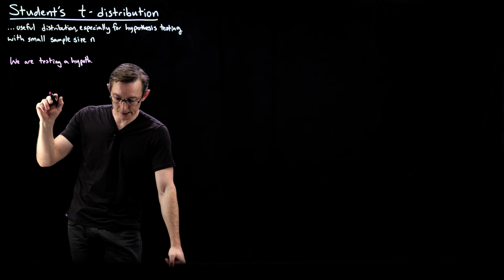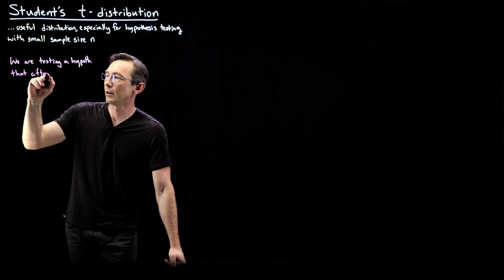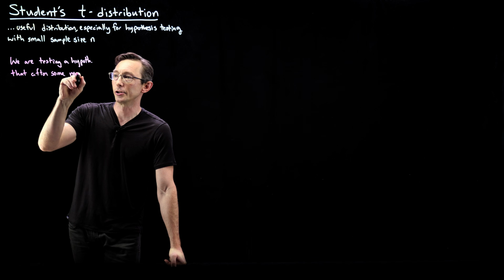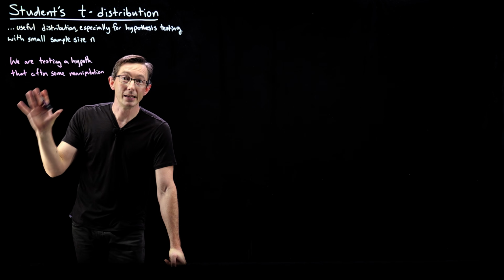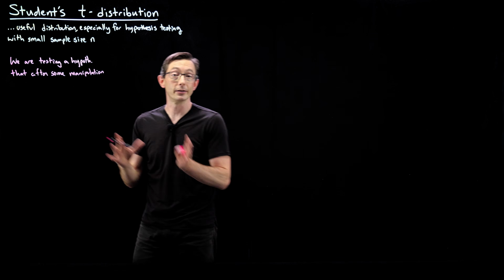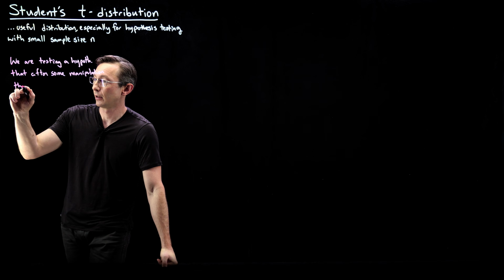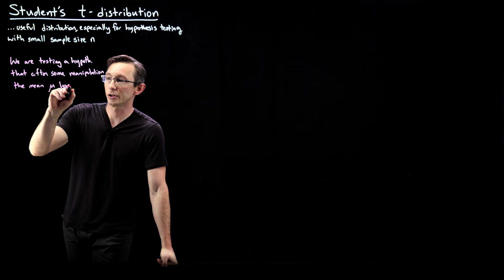We're testing the hypothesis that after some modification to my system, the new expected value is different than the old expected value. The mean of the system, mu, has changed.